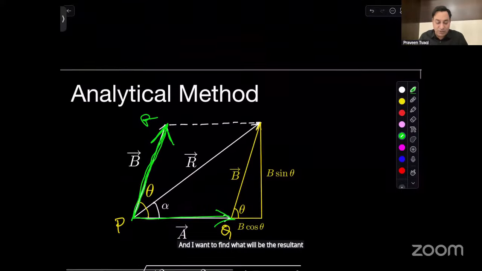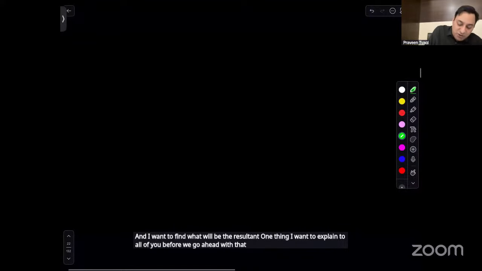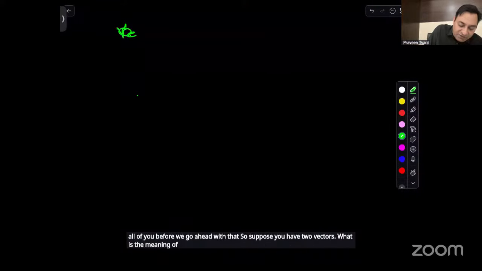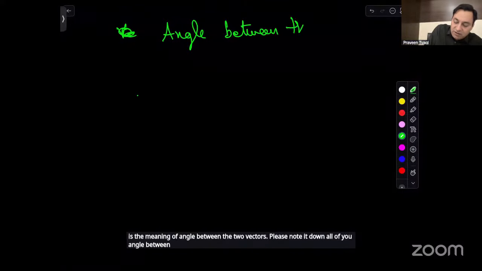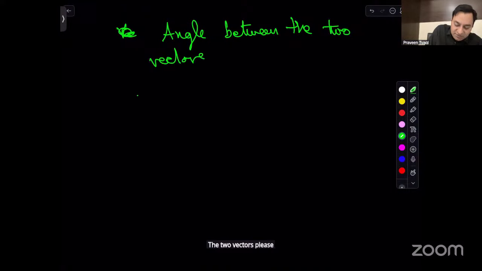One thing I want to explain to all of you before we go ahead. Suppose you have two vectors. What is the meaning of angle between the two vectors? Please note it down. Please understand this.